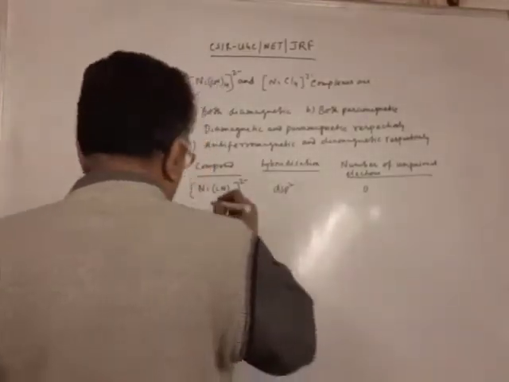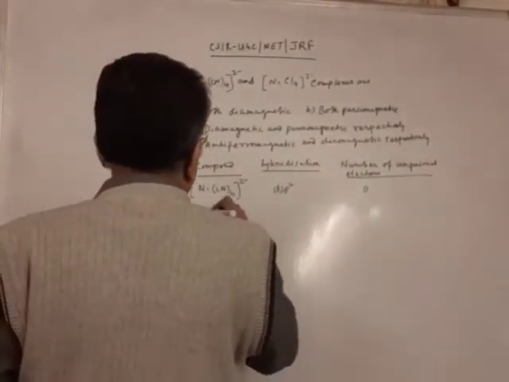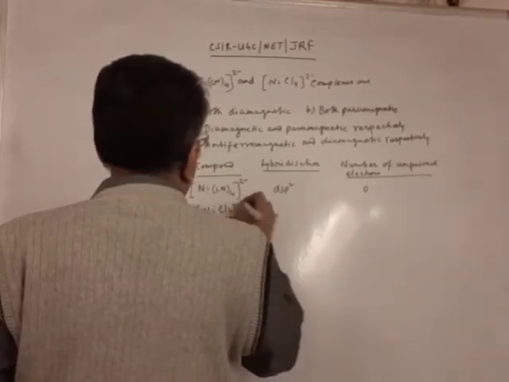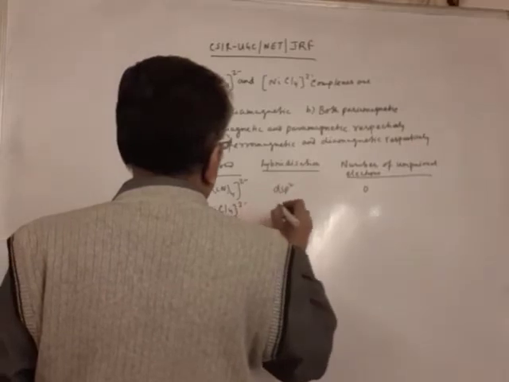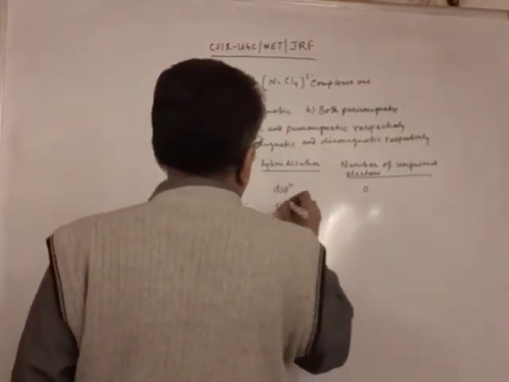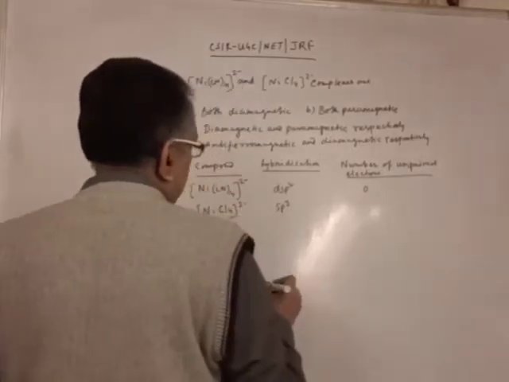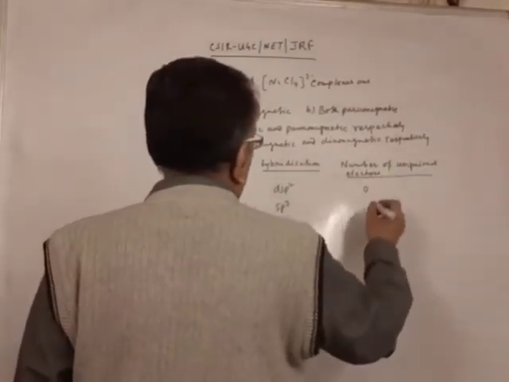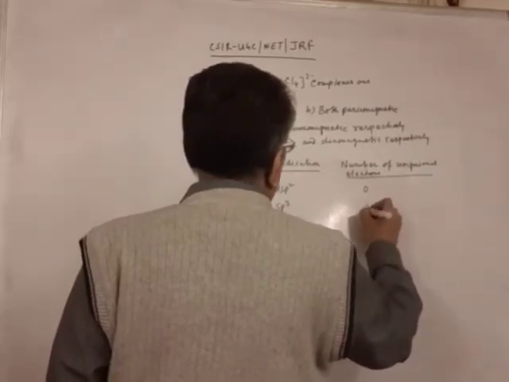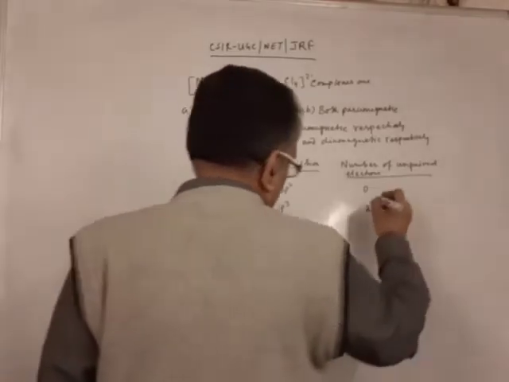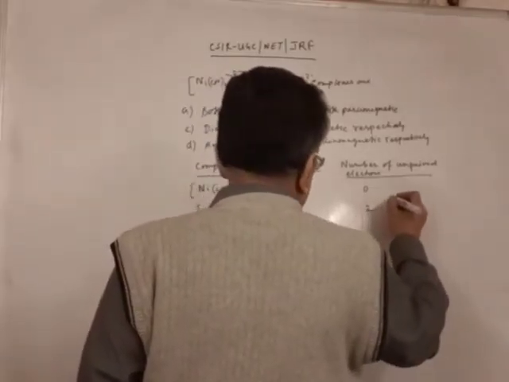On the other hand, NiCl4 2- will form sp3 hybridization and it will have 2 unpaired electrons, and this will be paramagnetic.